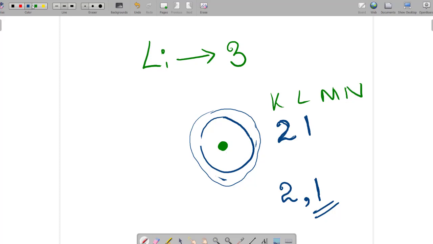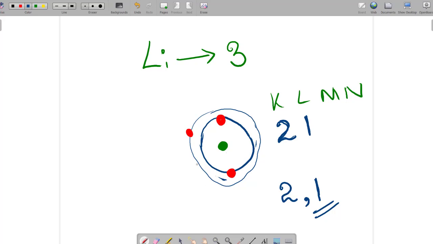If I draw electrons in red color here, there are 2 electrons in the K shell and 1 electron in the L shell. Okay, so this is how we are going to draw. It should be a kind of good circle when you are drawing, right? So that is how we are going to draw.